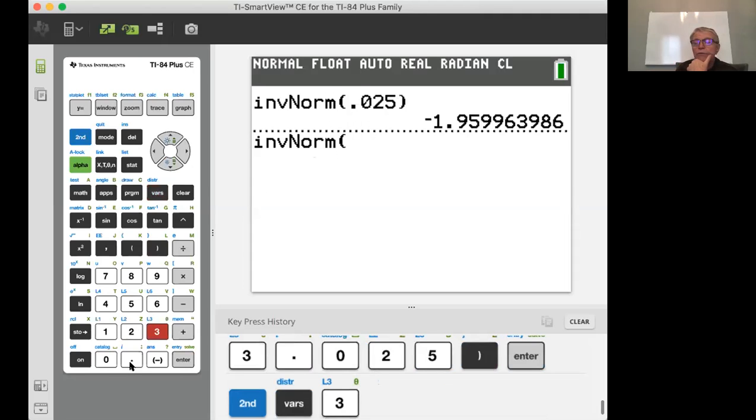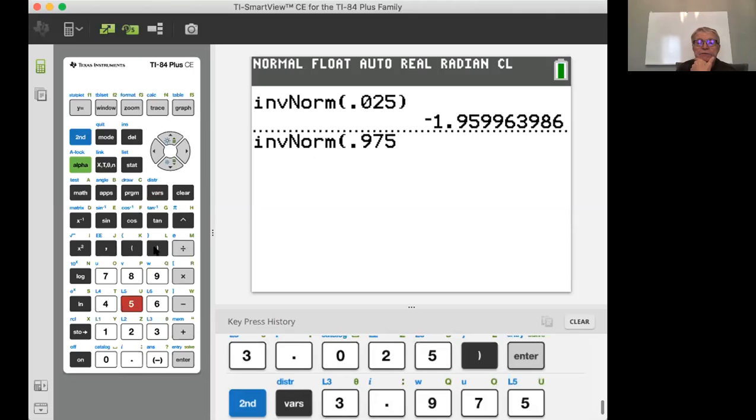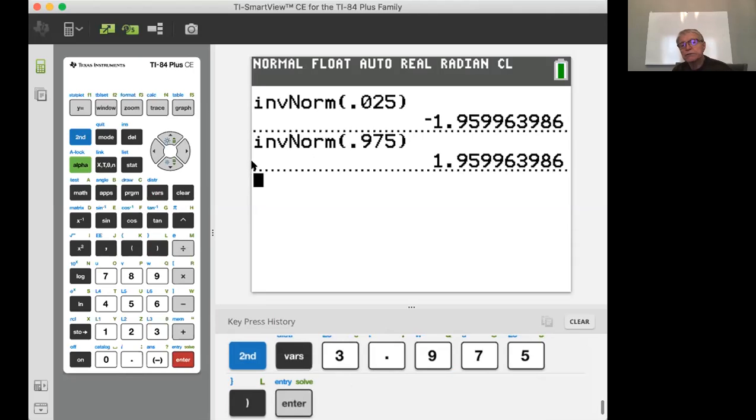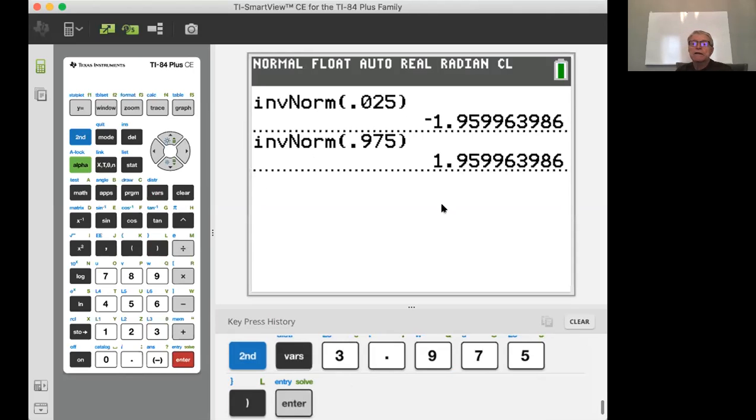And we need 1 minus the area to the right of the right critical value, which is 0.025. 1 minus that is 0.975. 0.975, close parenthesis, and we end up with positive 1.96. So we can use a calculator, the inverse norm function, to find critical values.